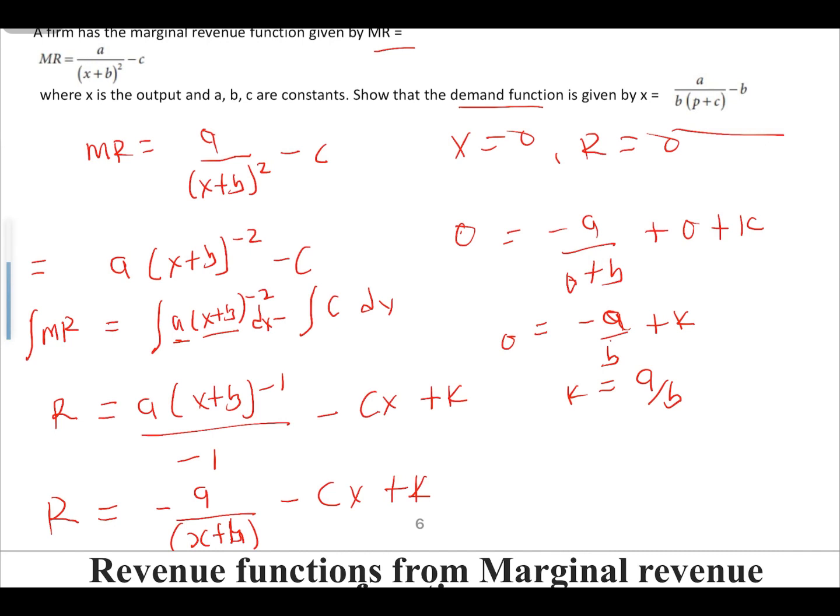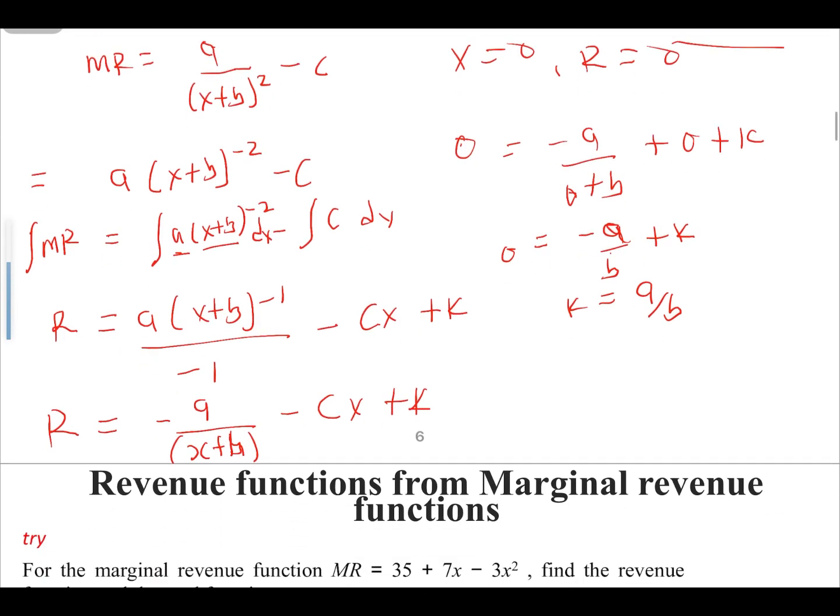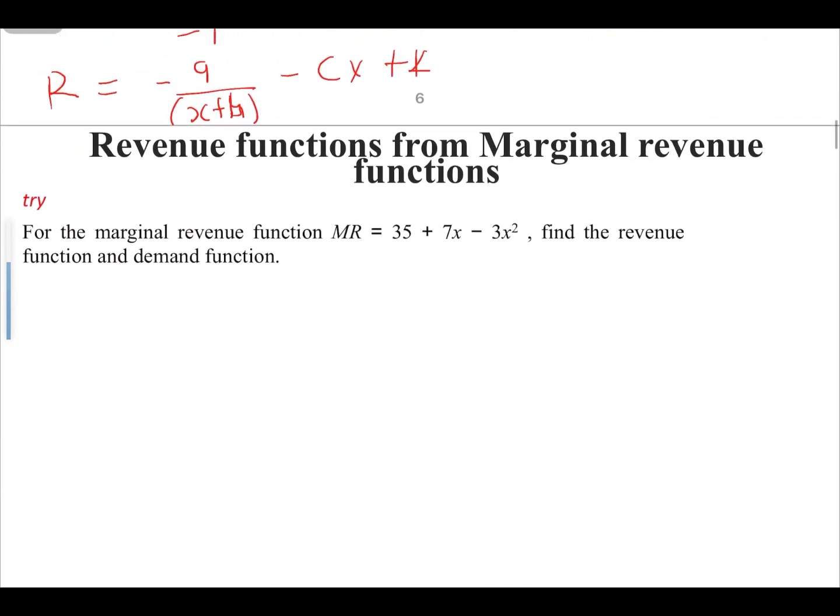Having K equal to A over B, you need to substitute it back into the function. Substituting it back, we get our revenue function equal to negative A over (X plus B) minus Cx plus A over B, which is our K. Right.